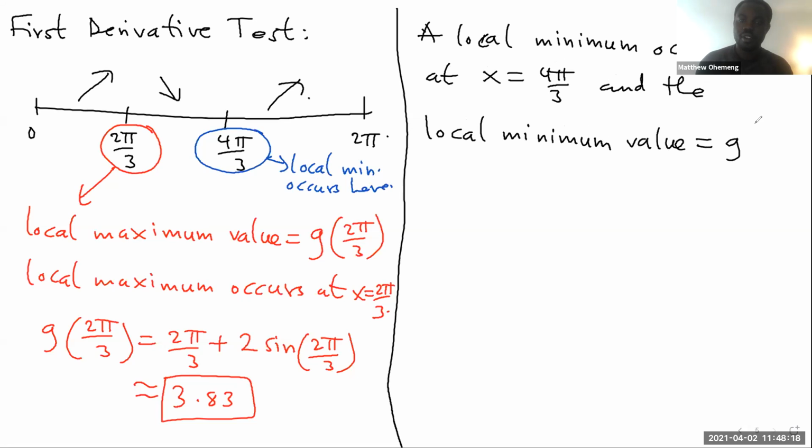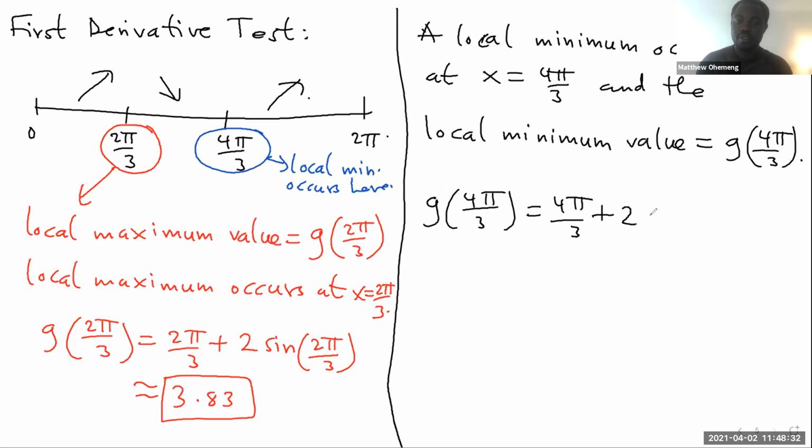The function evaluated at that point, 4 pi on 3. So going back, the value is just g of 4 pi on 3, which would be 4 pi on 3 plus 2 sine of 4 pi on 3.